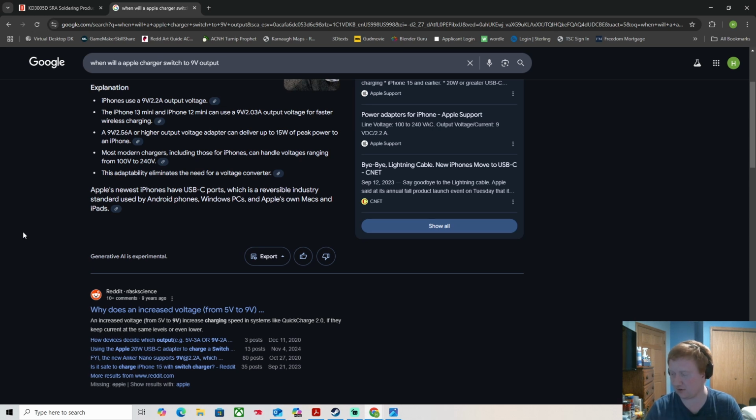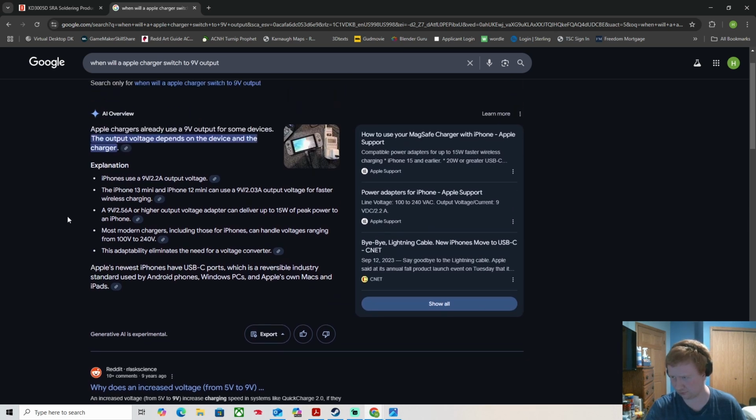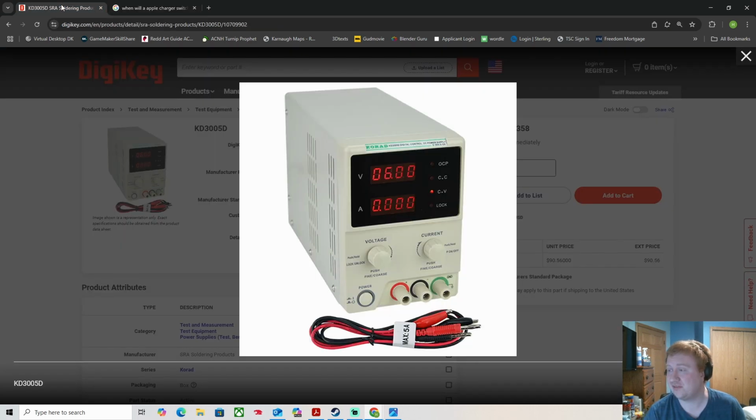I believe that the Switch goes off of 5 volts when it's not in docked mode, and then it switches to the 15 volts when it is docked. Correct me if I'm wrong. But yeah, I'm actually surprised that modern phones use the 9-volt 2.2 amp output. I thought that it might be lower. Boy, technology has changed. That's for sure.